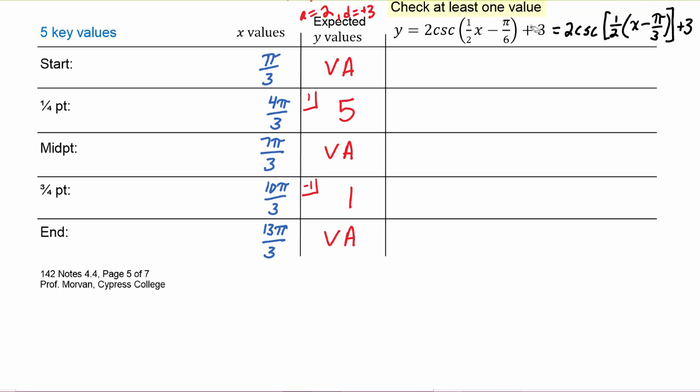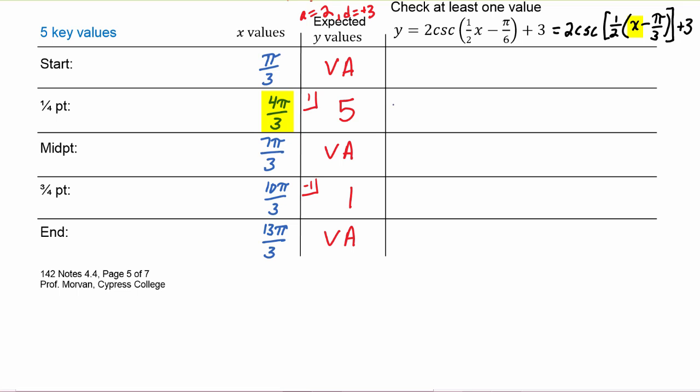We need to check at least one of these values. Let's go ahead and check them both, so whichever one you decided to do, you can check your answers. If we put 4 pi over 3 in for x, I'm going to choose this version because this has a pi over 3 and we'll have a common denominator already.